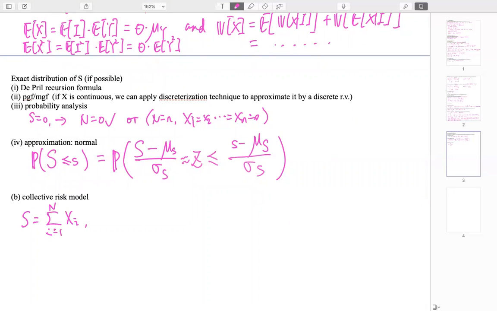N is the claim frequency, and Xi is simply the ith claim. It is the ith claim, not the claim from the ith policy, because the ith policy may come back clean. Right, here we collect. So the meaning of collective is really to collect the claims.